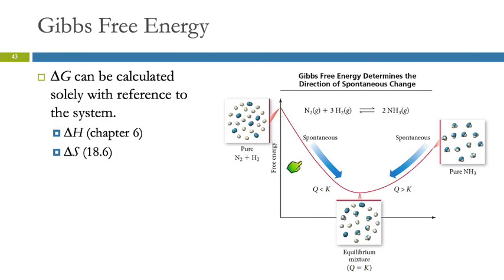So over here, spontaneous forward reaction, because Q is less than K. Remember what Q is? That's the reaction quotient. It's the equilibrium constant, but with current conditions.